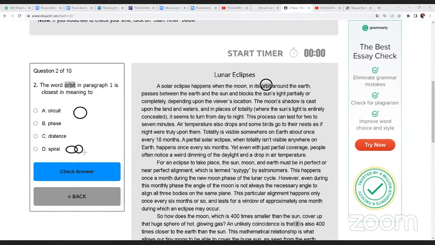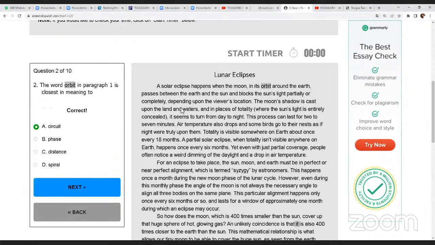And spiral is something like that. This is a spiral. Distance. No, distance is the length of some word. That's the distance. So A. Yes. An orbit, it's a circuit, right? So that's the correct one.